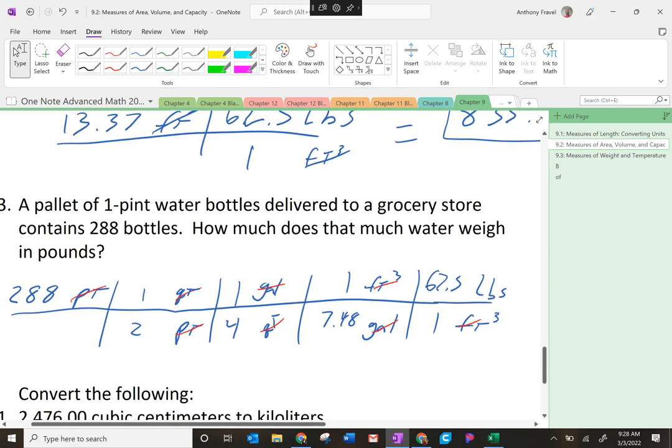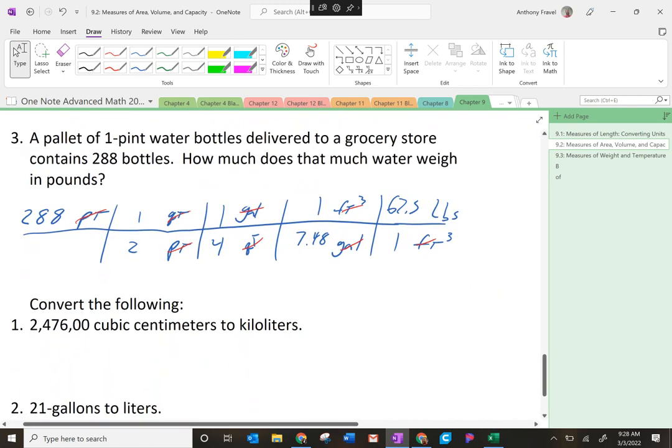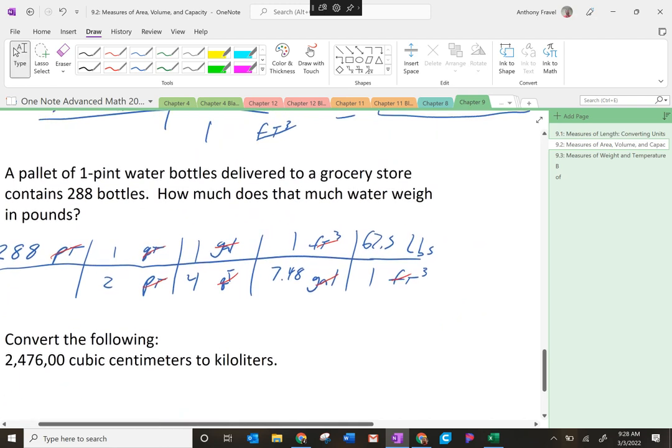So I've got 288 times 62.5. So I'm left with 18,000. All of that is going to be over 2 times 4 times 7.48.